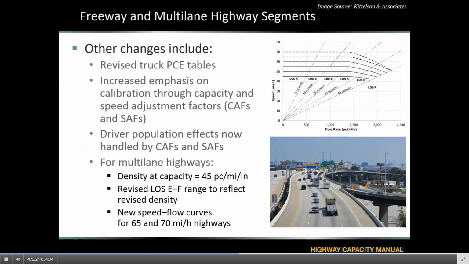The driver population factor, which was previously integrated as an adjustment to the volume, has now been modified to be handled as an adjustment to the capacity and the free flow speed, which makes more intuitive sense because unfamiliar drivers are more likely to drive slower or result in the overall reduction of the capacity as opposed to impacting the demand side of things. And then a few more changes for multi-lane highways, some clarifications based on previous inconsistencies that have really been brought forward by integrating this chapter and this methodology with the basic freeway segment.